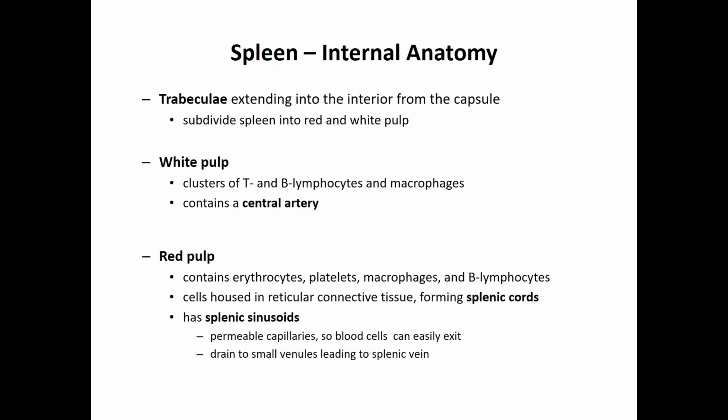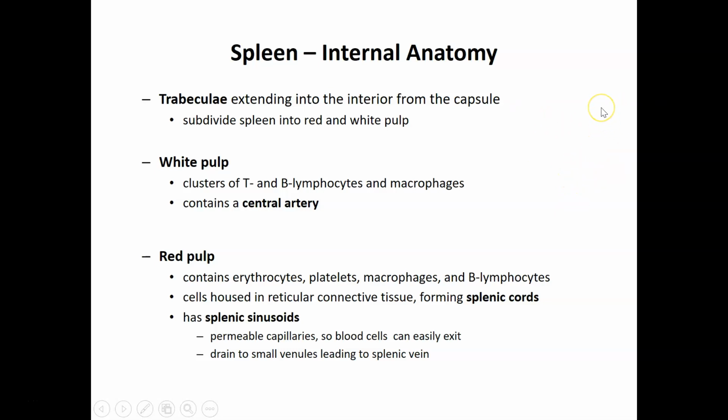What you'll find in the spleen is areas where there's different kind of pigmentation. So those are called the white pulp and the red pulp. The red pulp obviously is redder in appearance. The white pulp is kind of palish, not exactly white, but a little bit paler in appearance.